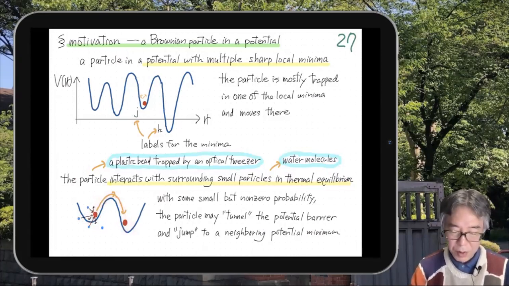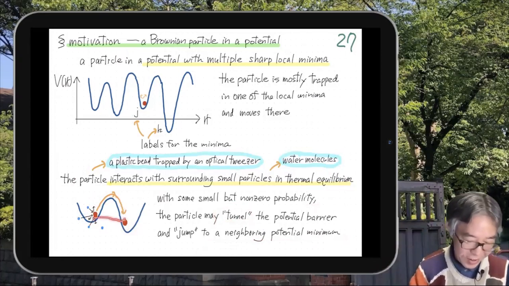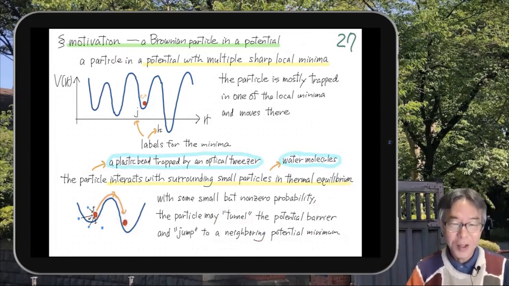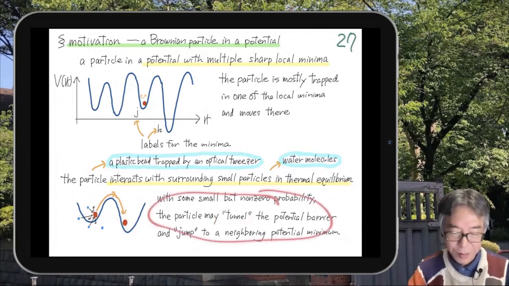So with some small but non-zero probability, the particle may tunnel the potential barrier and jump to a neighboring potential minimum. Of course, tunnel is not a good word. This is not quantum mechanics, so it doesn't tunnel. Sorry, it really climbs up and jumps. But anyway, this is what can happen.